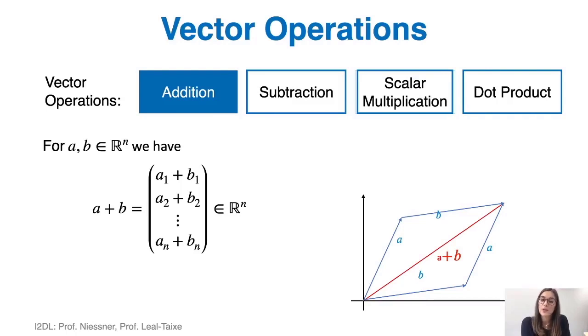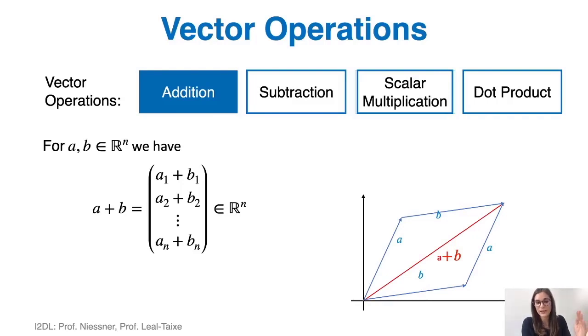The figure in the lower right of this slide shows you the geometric interpretation of what it means to add two vectors in the space Rn. Here, for example, we have the vectors A and B, and addition of these vectors geometrically means that we just concatenate.